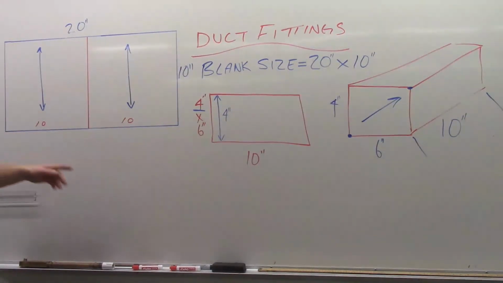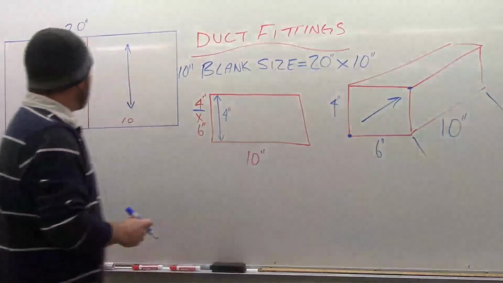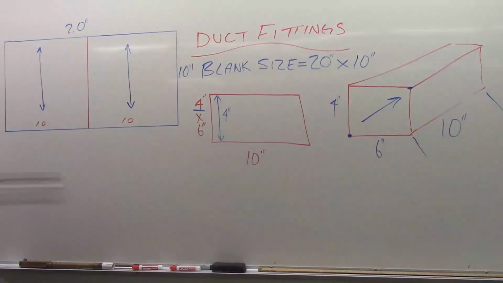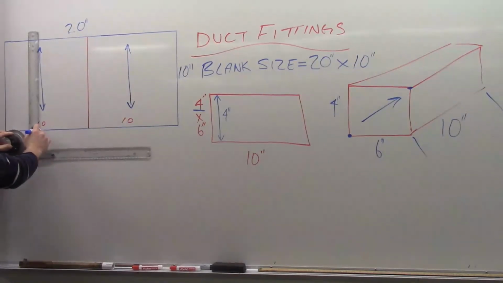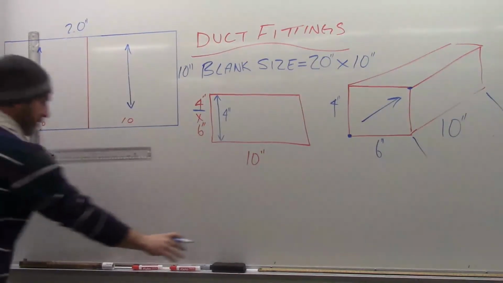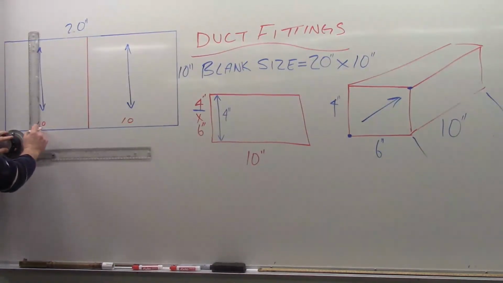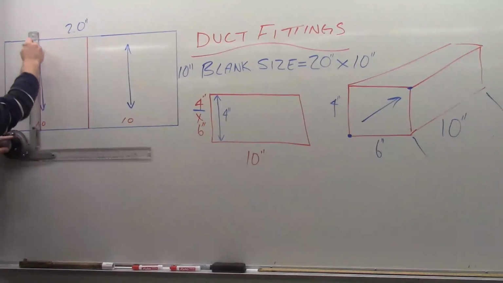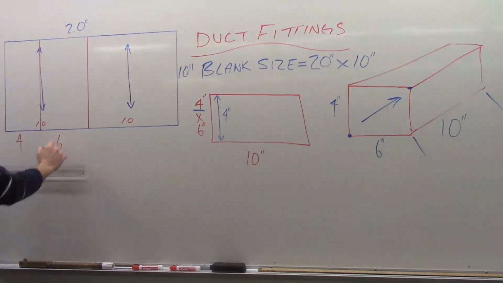Okay, so let's mark this out. And like I said, we're going to mark out our perimeter, 4, 6, 4, 6. We usually start with the small side. So I come in, I got my 4 is there, and I'll just scribe that up while I'm here. Let me switch colors so that it's not on my arrow. Okay, so I've got 4, 6.